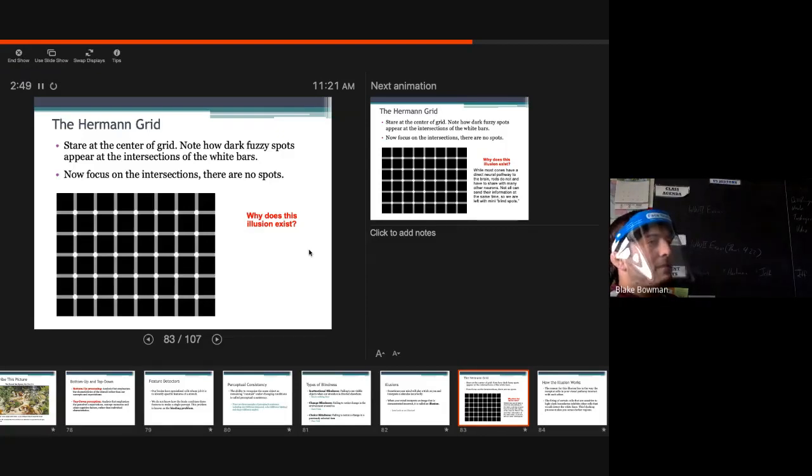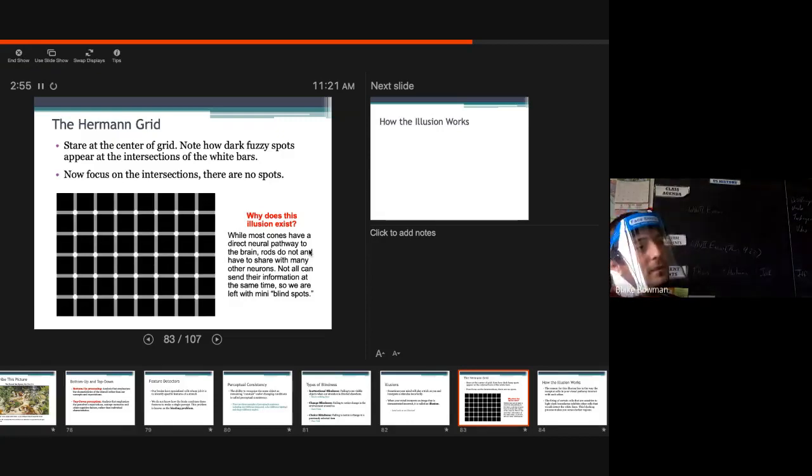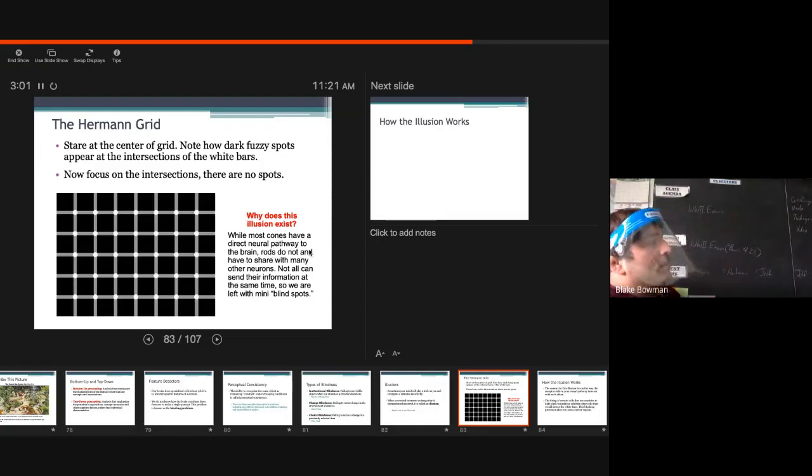They can send that information, neural messaging, to the optic nerve. Rods do not. Rods don't have that direct line and neural message to the optic nerve like cones do. So that's what creates this illusion for us, and they call it mini blind spots in a way. I think that's interesting. The Hermann grid.